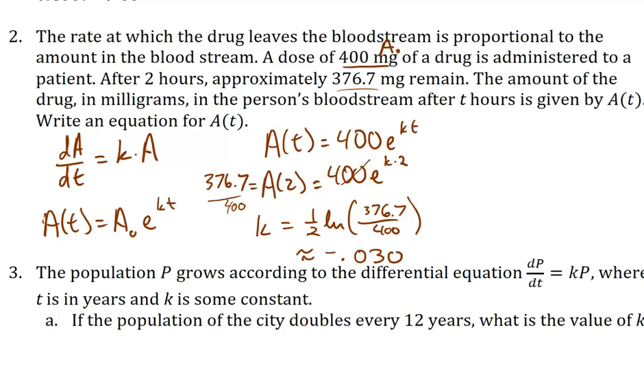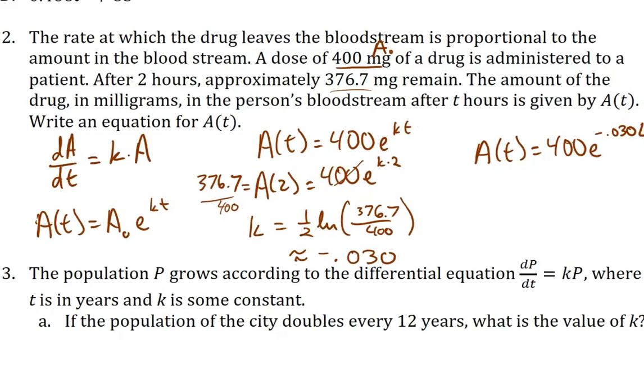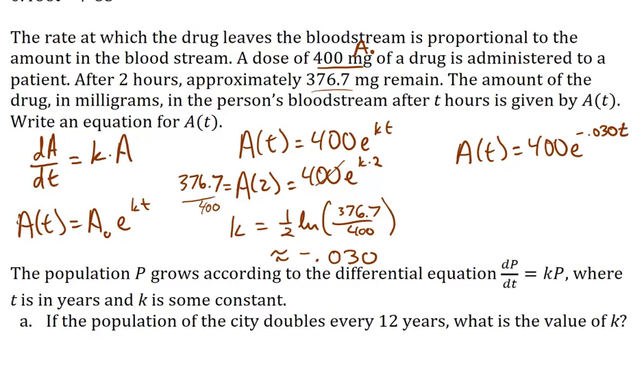All right, so then what am I looking for? My equation for A of t. So A of t equals the initial amount of 400 milligrams times e to the negative 0.030 t. All right, there's my function.